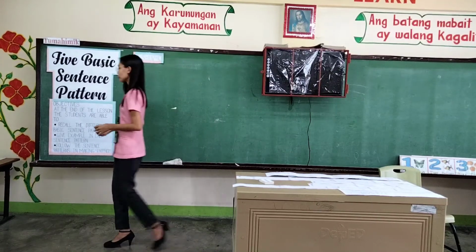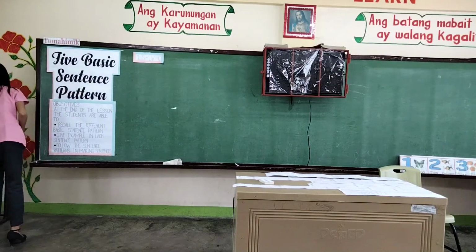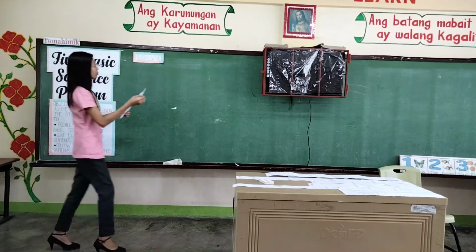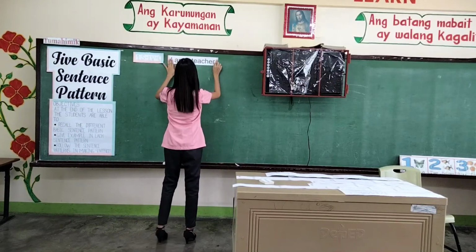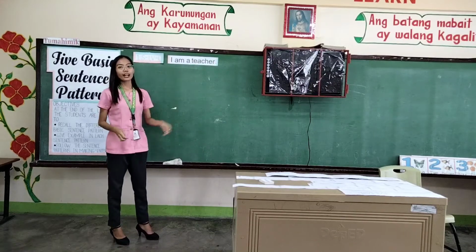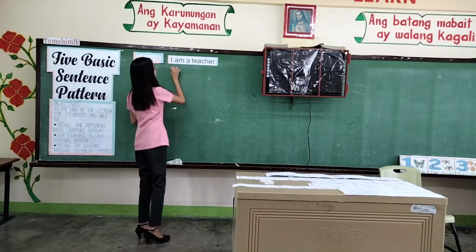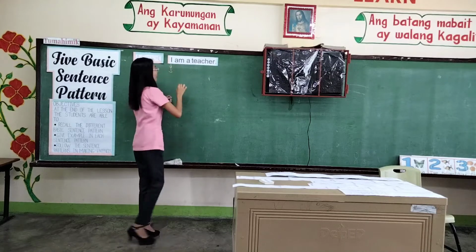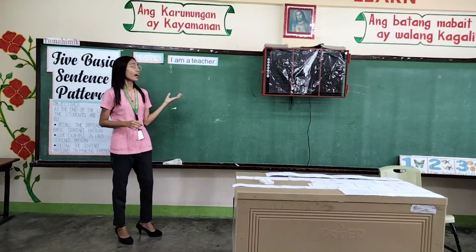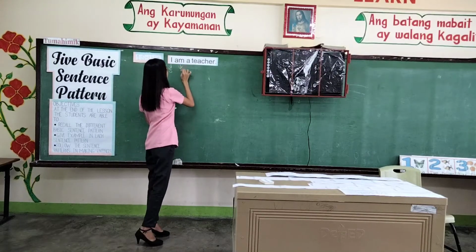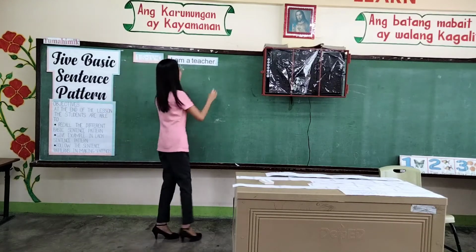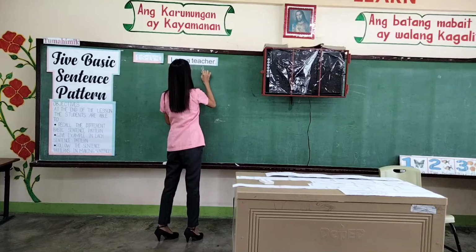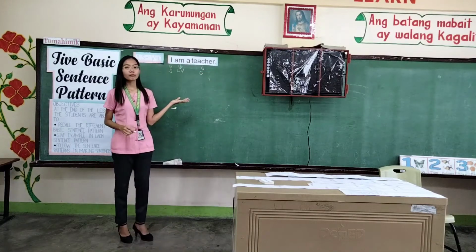So here's an example. I am a teacher. I here is the subject, am is the linking verb, and teacher here is the complement.